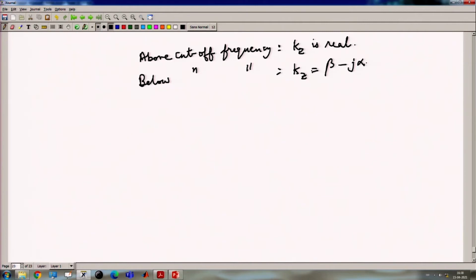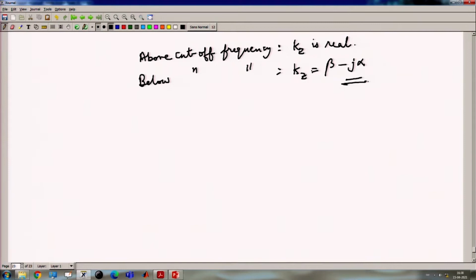But since the dielectric is loss free, this attenuation of the wave, which is the complex part of Kz, is due to the radiation of energy in the air region as the wave propagates inside the dielectric. So, as the wave propagates inside the dielectric, it progressively loses energy in the air region.